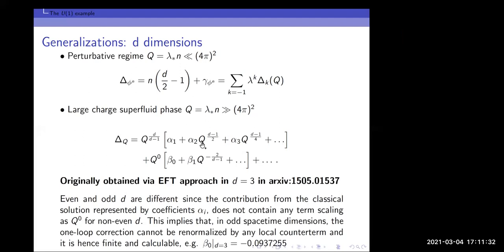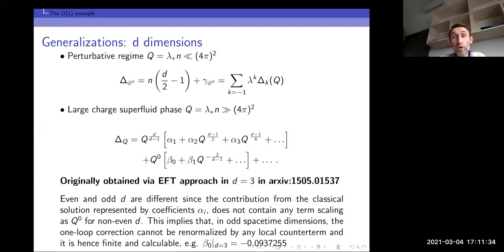So this is the first comment I wanted to make about the EFT approach to this result in the superfluid phase. And the second important point, which I borrowed from the paper of Gabriele, but which is also very easy to see here, looking at the classical term, the top line given by these alpha_i coefficients: you see that even and odd dimensions are very different.